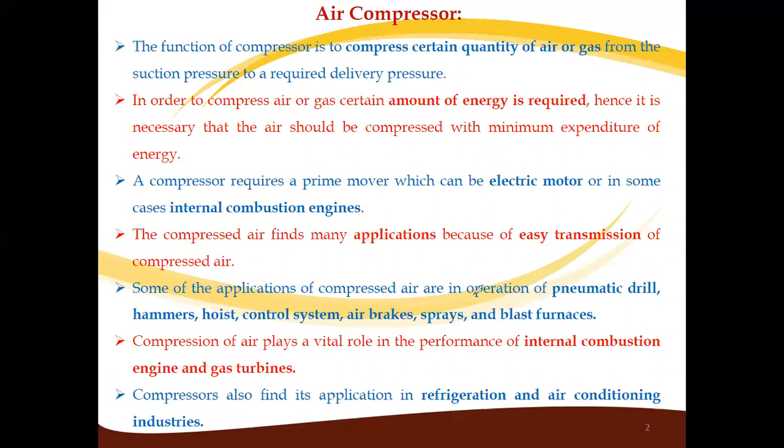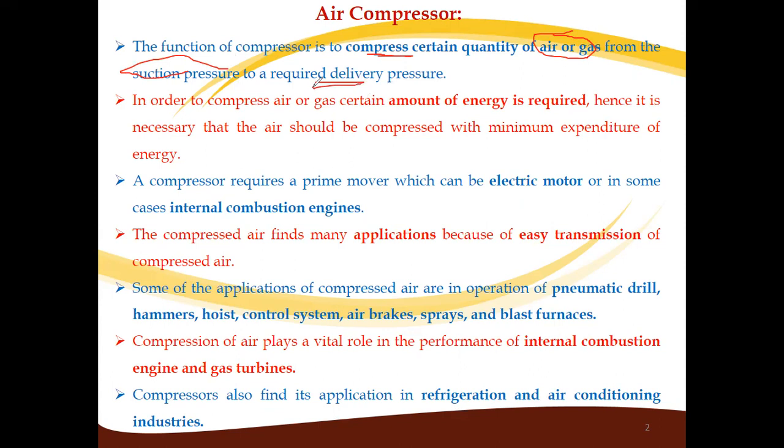The main function of an air compressor is to compress a certain quantity of air or gas from suction pressure, generally the atmospheric pressure of the air, to a required delivery pressure.